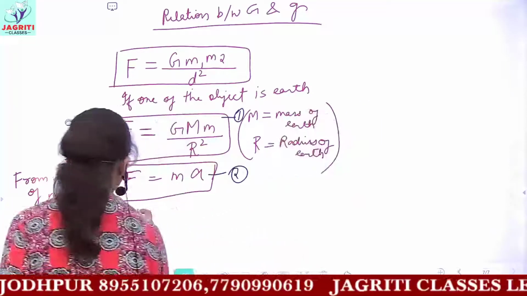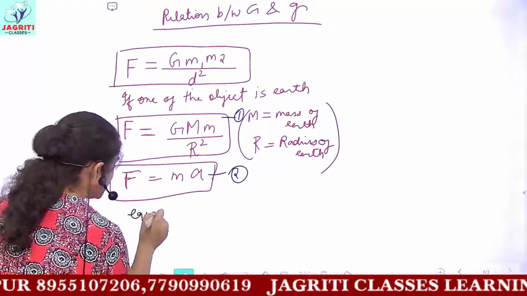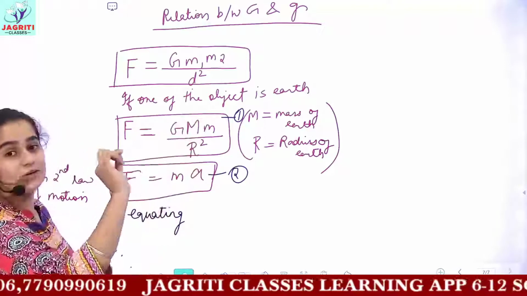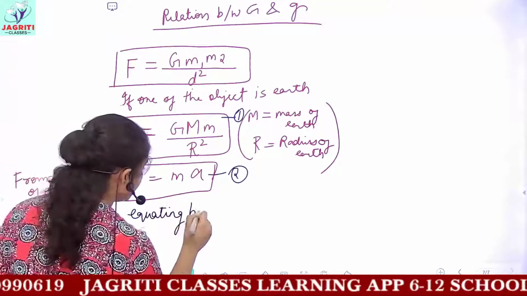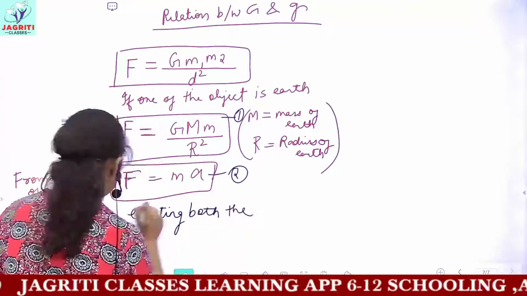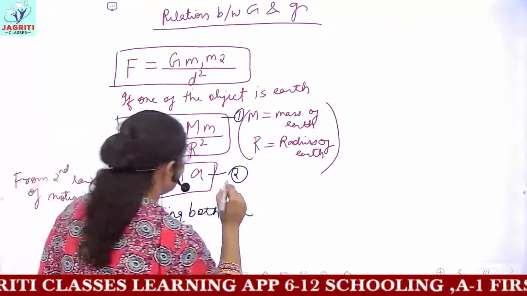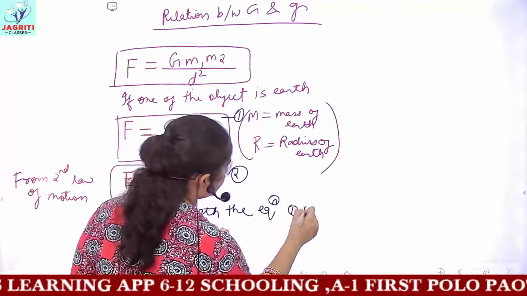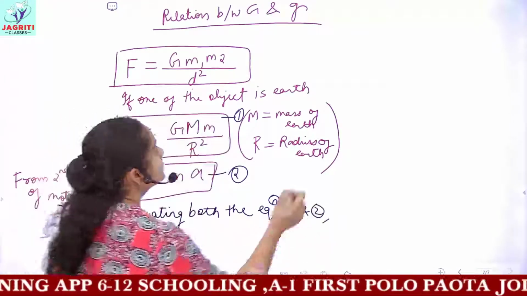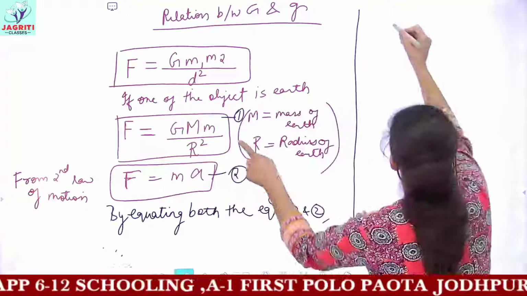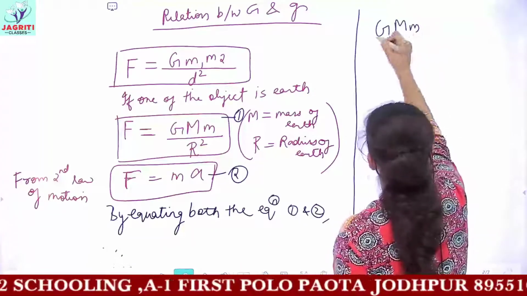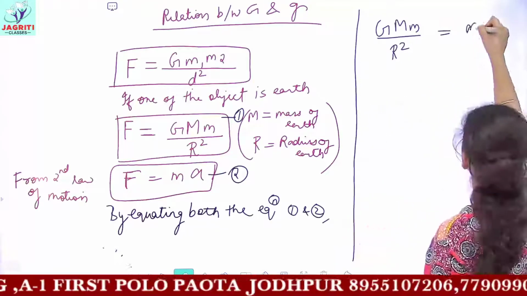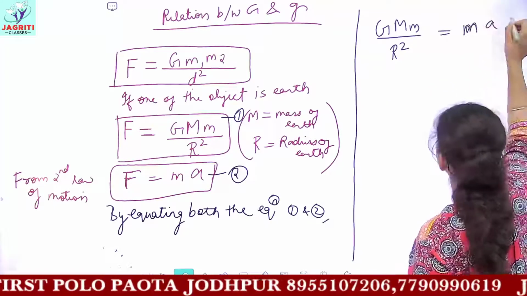Equating both the equations 1 and 2, what I get is GMm upon radius square equals ma.